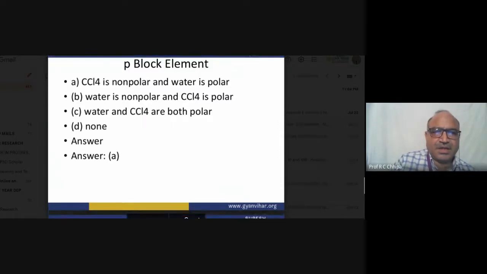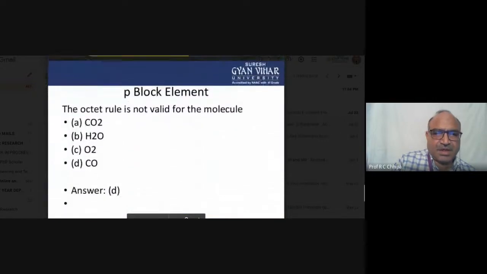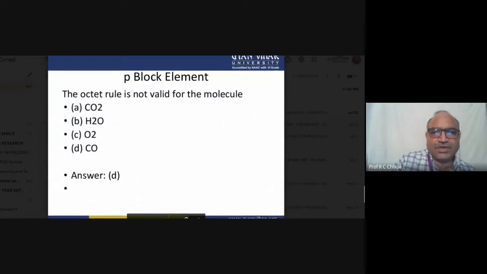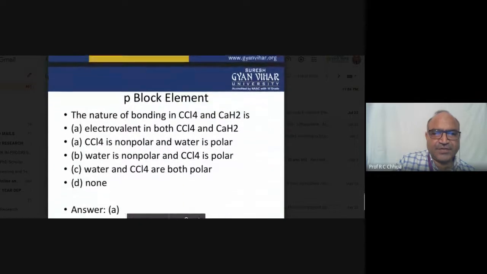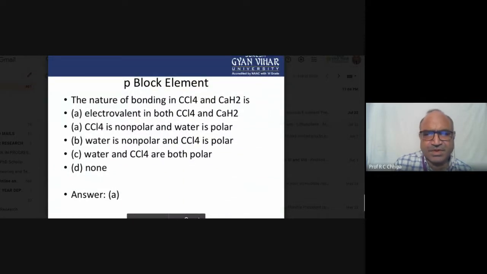One more: the octet rule is not valid for carbon monoxide. Oxygen follows octet completion. Water H2O, oxygen octet complete. In the case of carbon, two oxygens are there, so this is the validity of another thing, which was repeated.